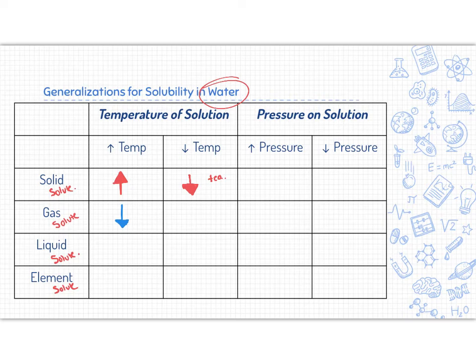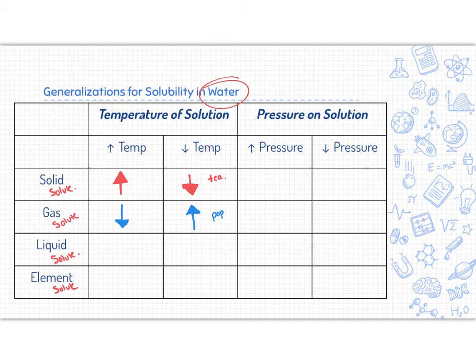All right, the gas molecules get more energy, and that energy takes them out of the solution. As I decrease the temperature of a gas solute in water, the solubility of that gas solute increases. I slow the particles down, and they are able to remain in solution. So the example here could be pop.